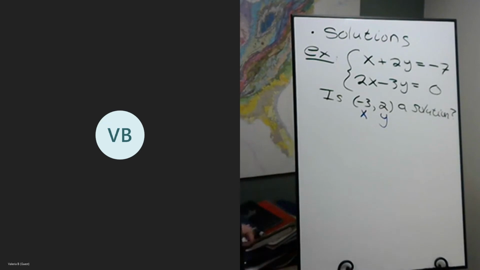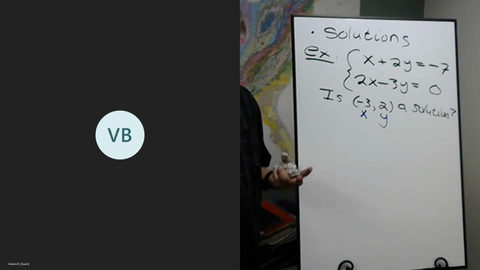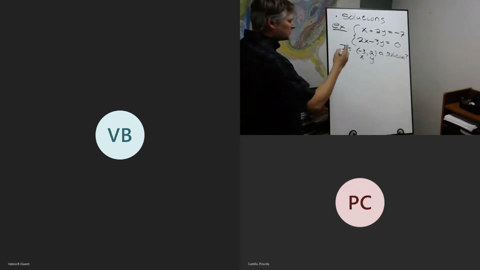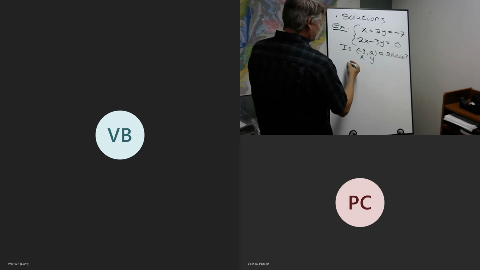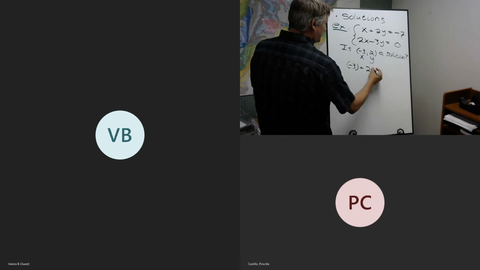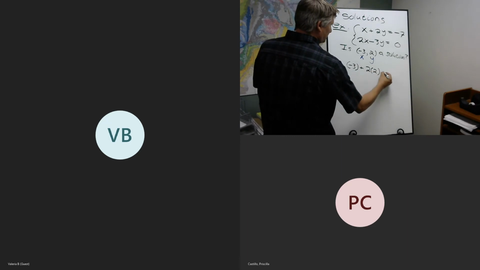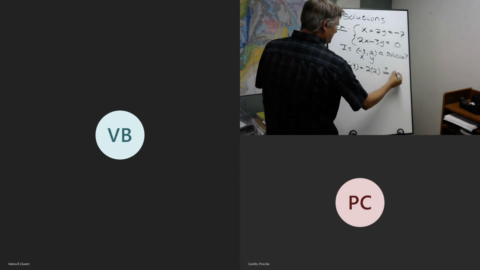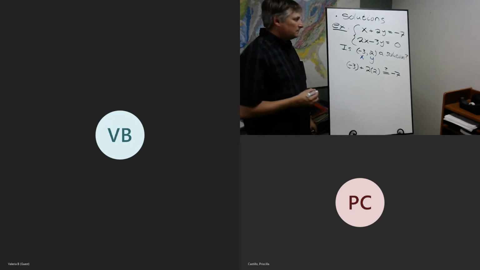So let's test this solution. Let's see if it works. So for the first equation, x is -3, y is 2, and does this equal -7?